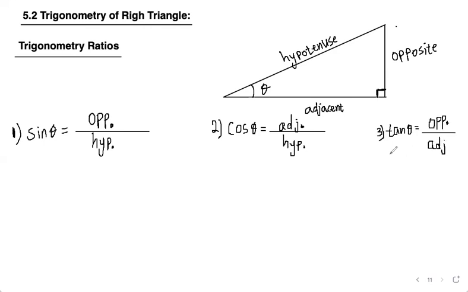Now we're going to take the reciprocal of the sine. It's called the cosecant. Here, number 4. Cosecant of the angle is the reciprocal of the sine, 1 over sine. And 1 over sine equals the hypotenuse over the opposite.